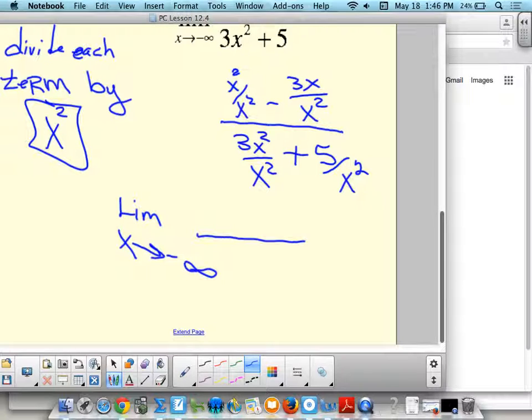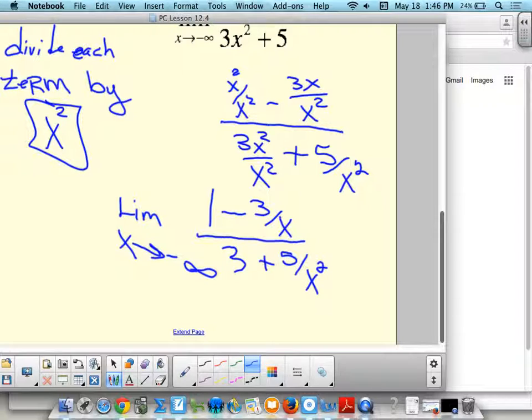What's x squared over x squared? 1 minus. 3x over x squared, 3 over x. 3x squared over x squared, 3, and 5 divided by x squared. Okay. You know what you're doing.